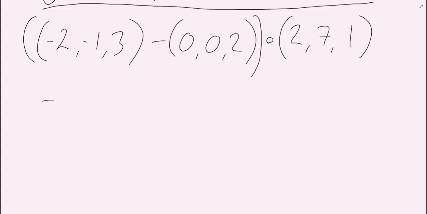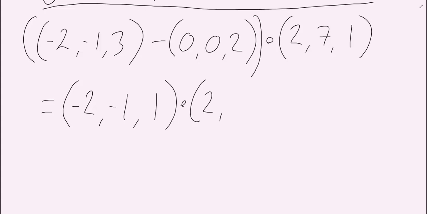So that gives us minus 2, minus 1, 1, dot 2, 7, 1.